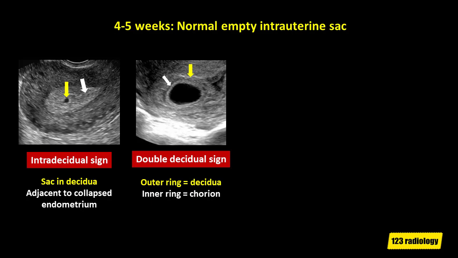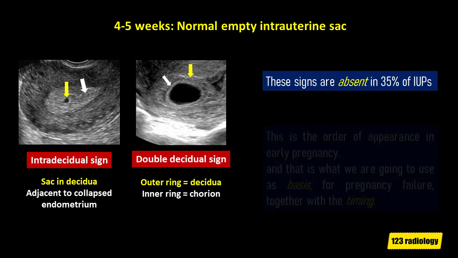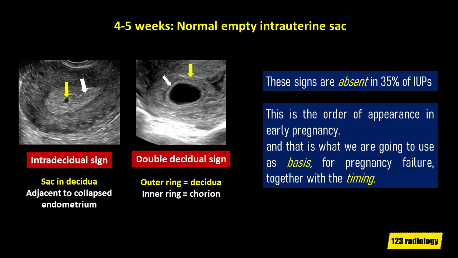Here the yellow arrow shows the outer ring, which is the decidua, next to the inner ring, which is the chorion. Note that these signs are absent in 35% of intrauterine pregnancies, so keep that in mind. This is the order of appearance in early pregnancy, and that is what we are going to use as the basis for pregnancy failure, together with the timing.